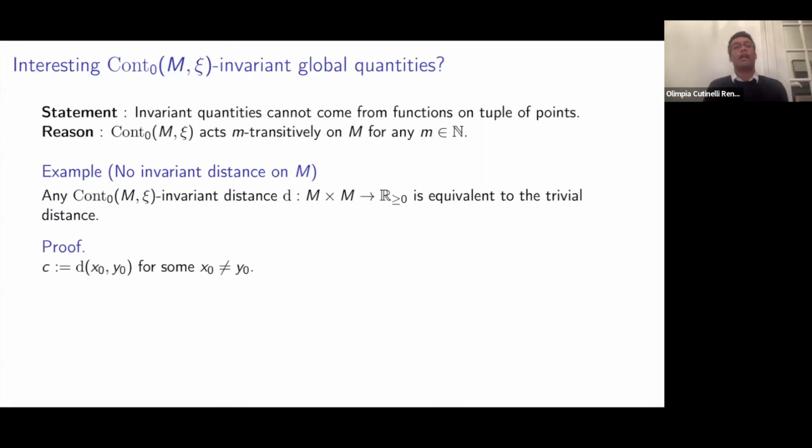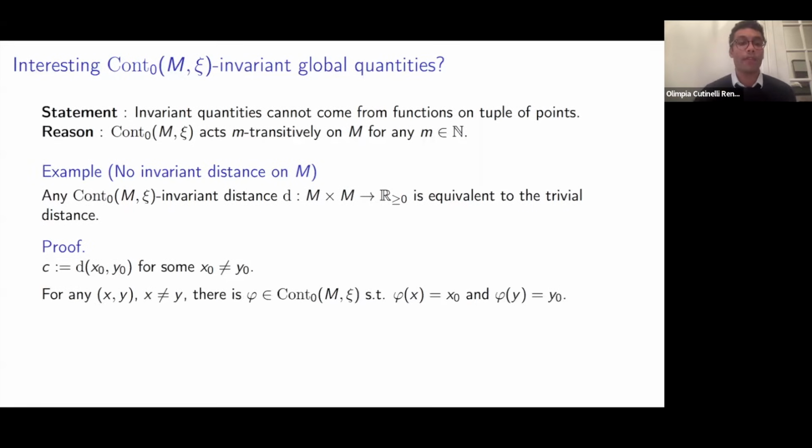You take two different points on your manifold M, x0 and y0. The distance between them, you set equal to c. Then for any other two points that are not the same, you can find a contactomorphism phi that sends the first one to x0 and the second one to y0, because the group of contactomorphisms acts 2-transitively on this manifold.